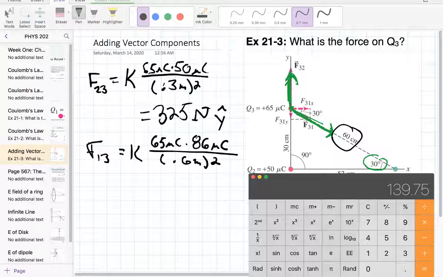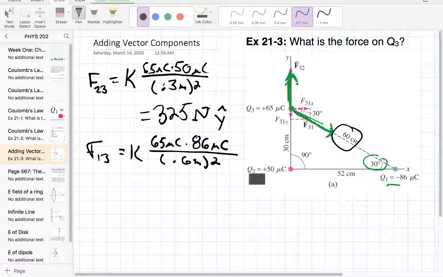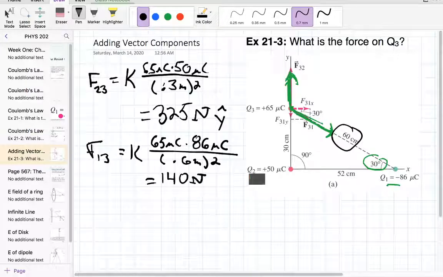We'll go ahead and round that up to 140 newtons. So the force that 1 exerts on 3 is equal to 140 newtons at a 30-degree angle below horizontal.